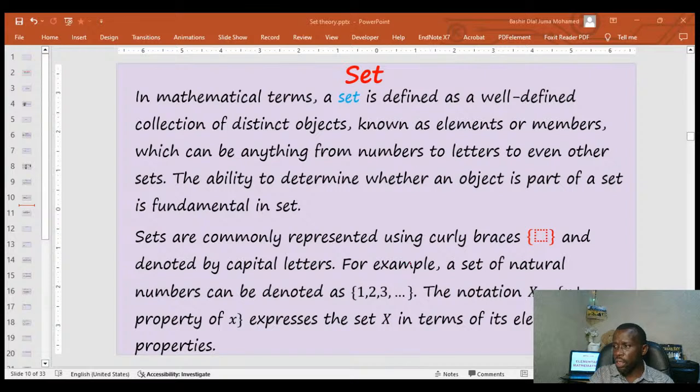I want to write something here. So we use a capital letter. It can be capital X or any other. Oh, it seems nobody's saying that.